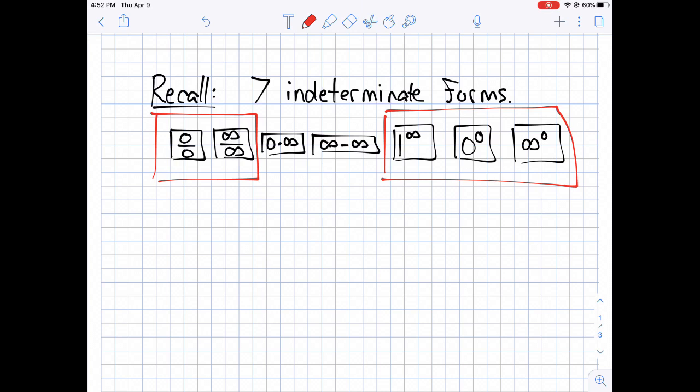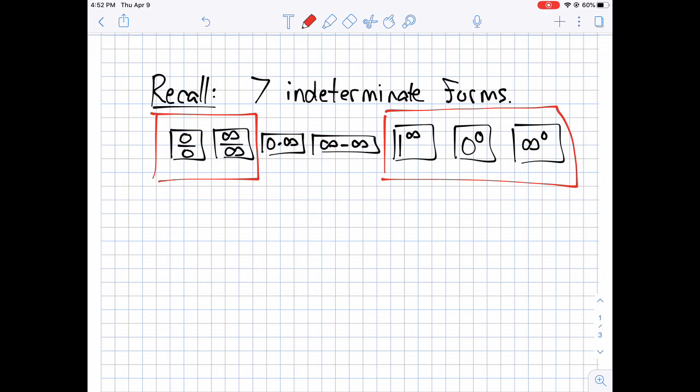Now, for L'Hopital's rule, I'm going to show you essentially how to do these two groups, okay? Because L'Hopital's rule can be used for all of them, even though directly you can only use L'Hopital's rule when you have 0 over 0 and infinity over infinity, okay? So I'll show you a brief idea of how we're going to go about doing that.